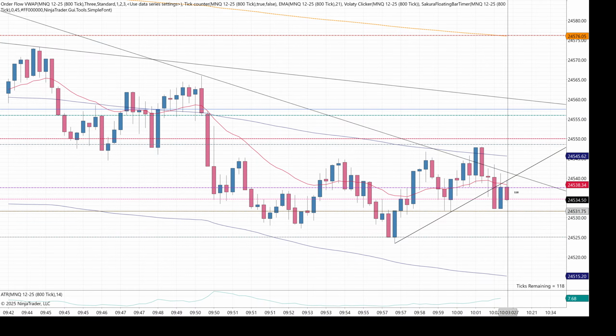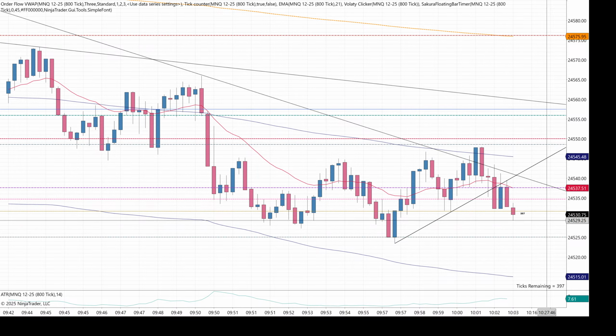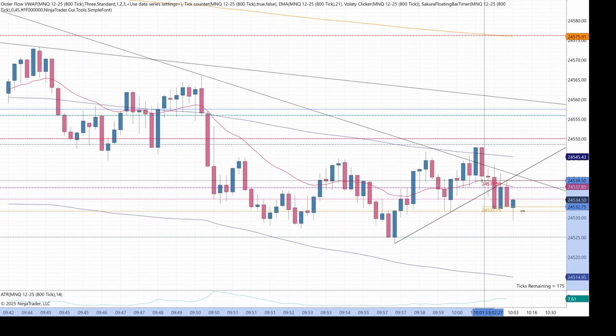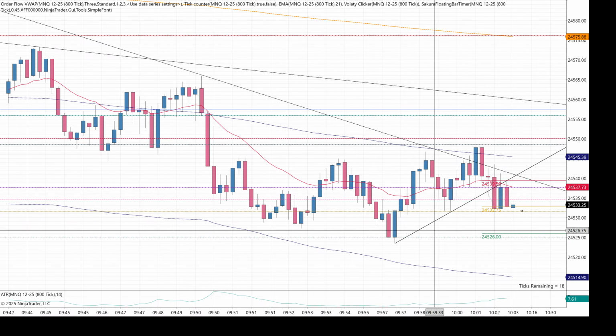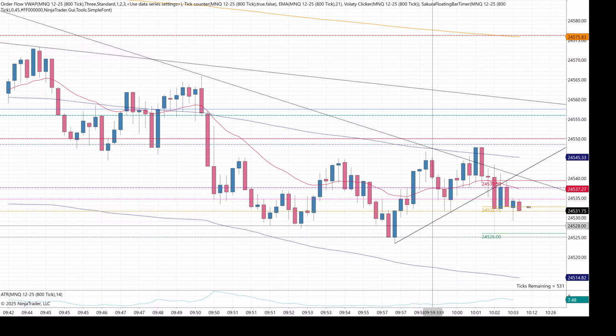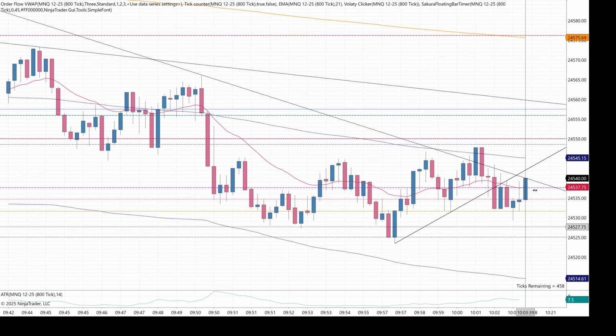This might be a signal to go south if we can get it below the golden ruler. Okay, that's why we didn't take it. The golden ruler held.